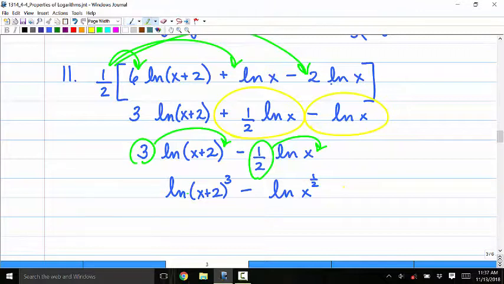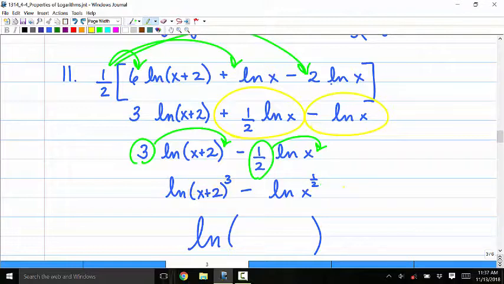Instead of saying ln minus ln, I can do 1 big ln, and when I'm subtracting 2 ln's, instead of subtracting, I can do the quotient of this divided by that.